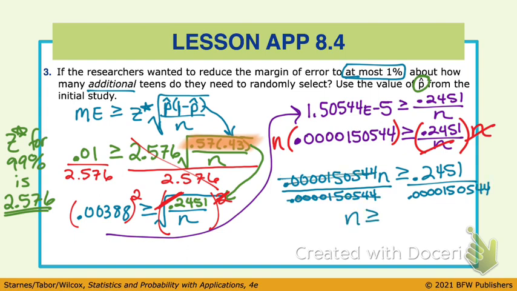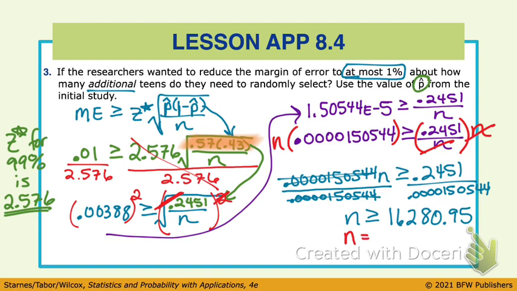And n has to be greater than or equal to, let's see, 0.2451 divided by 0.000150544. And we get 16,280.95. Again, we have to round that up to the next number.